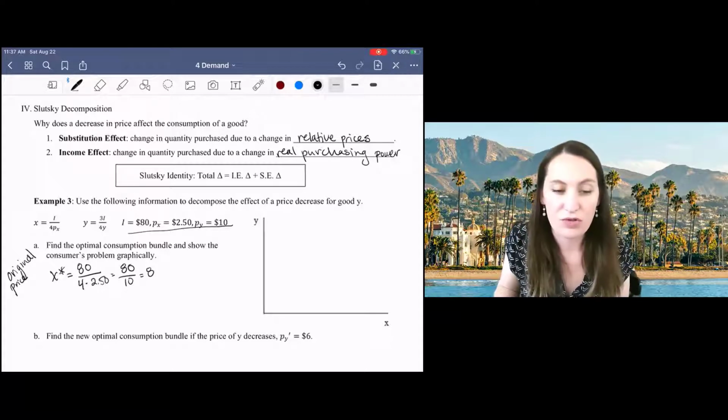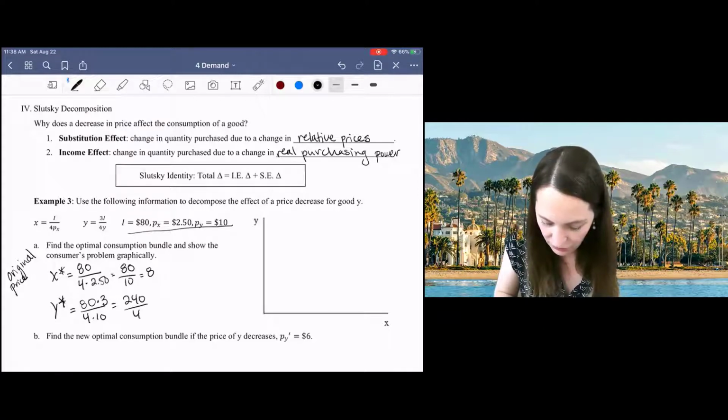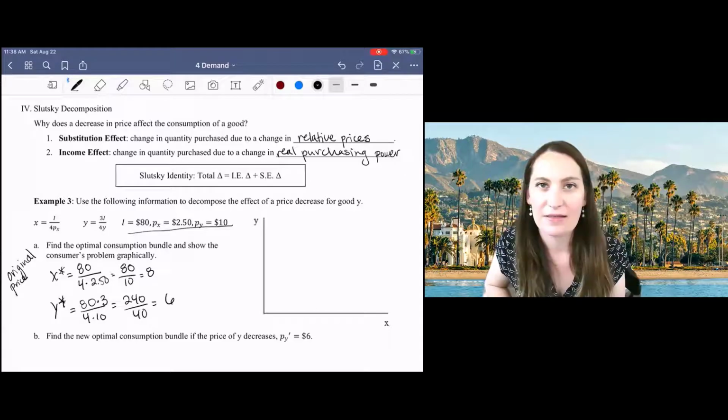So we'll choose to consume 8 units of X. And for Y, that's going to be 80 times 3 over 4 times 10. So 240 over 40 gives me 6 units of Y.